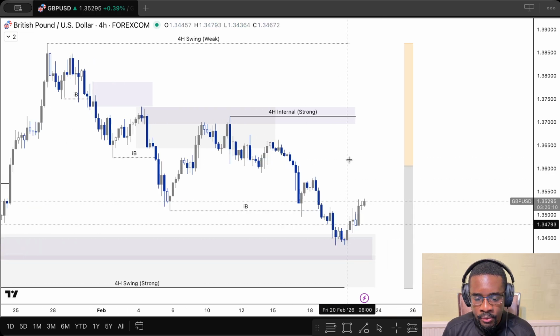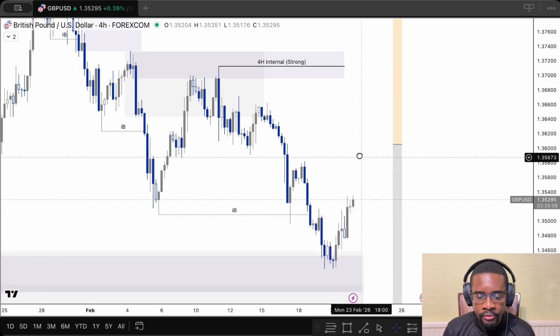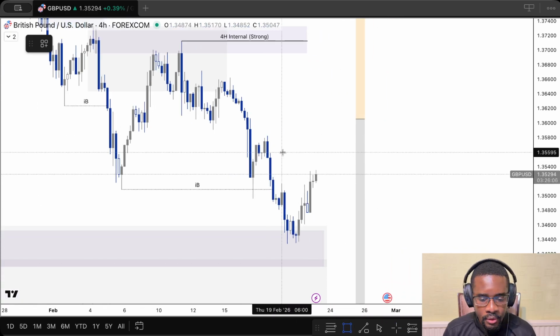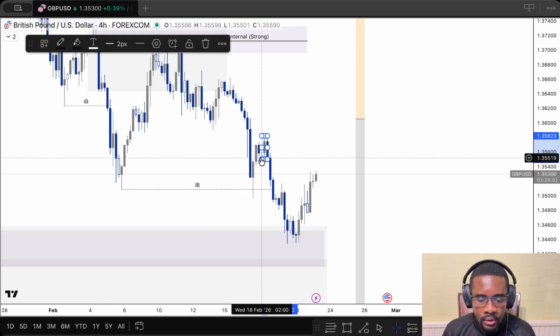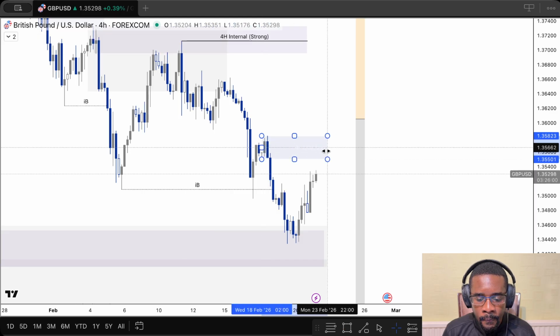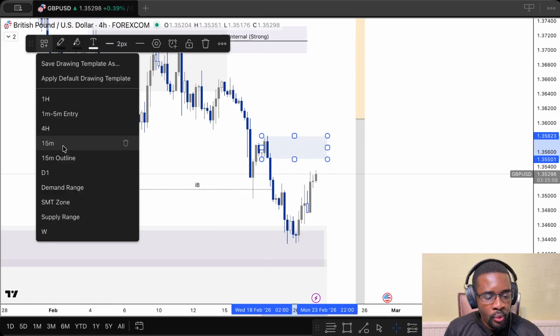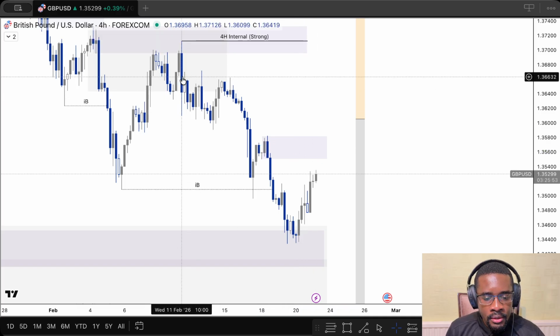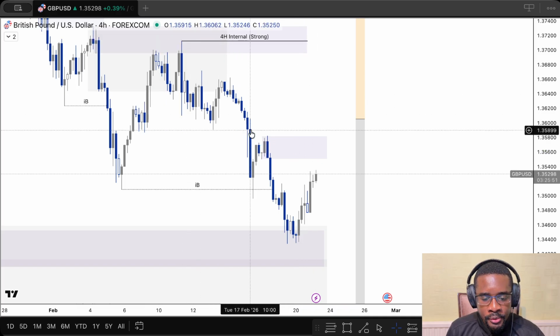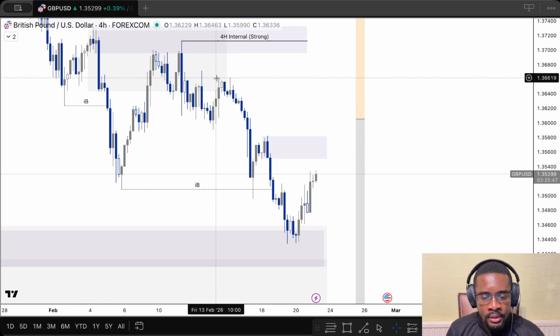Right now the only clear area that we have would be that one, and everything at the top has pretty much been mitigated.